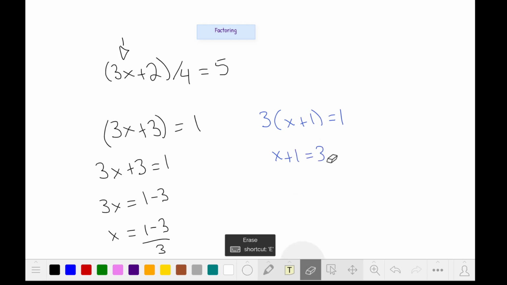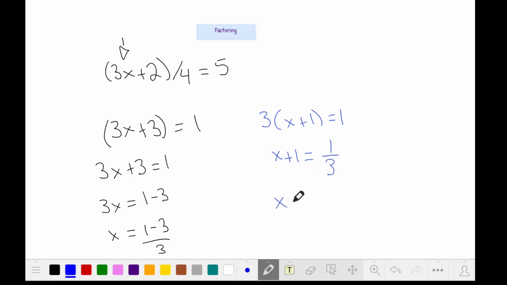Oops, my bad. Now we divided the entire left-hand side by 3, so we divide the entire right-hand side by 3. And boom, we're already done. We've only got the one fraction. It took us fewer steps. The fewer steps we do, the less chance there is of us making a mistake.